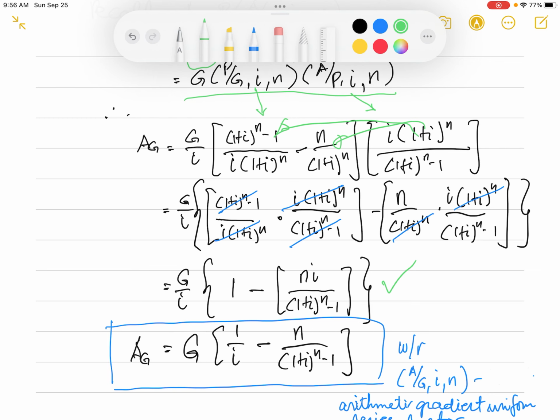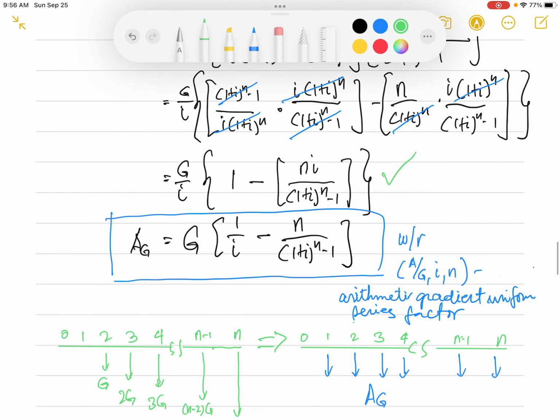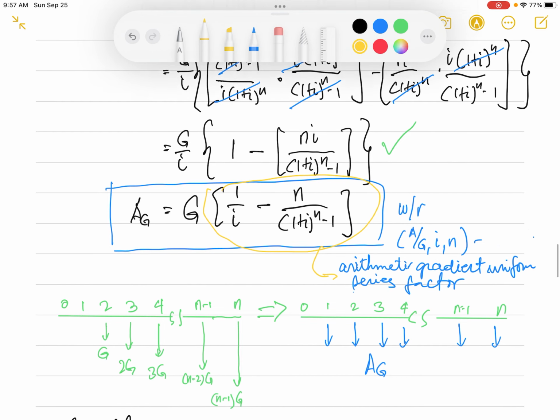Simplifying further, you will have this expression for the equivalent annual worth of the gradient, where we call this factor the arithmetic gradient uniform series factor, denoted by A over G at interest rate i over n periods. So that's the arithmetic gradient uniform series factor.